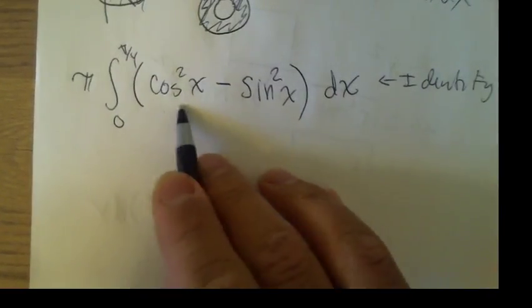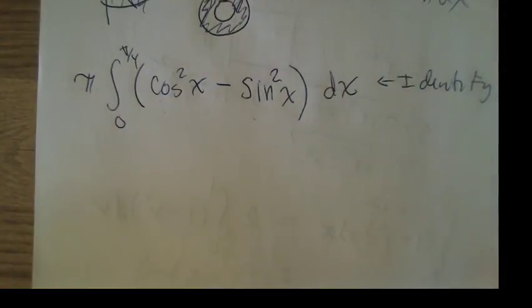I don't know how to integrate this just as it stands, the cosine squared x and the sine squared x. So I'm going to need an identity, and actually, as it turns out, here, let's see here.